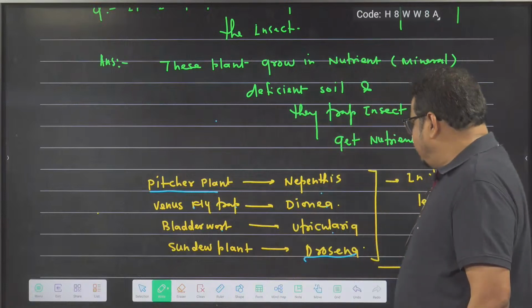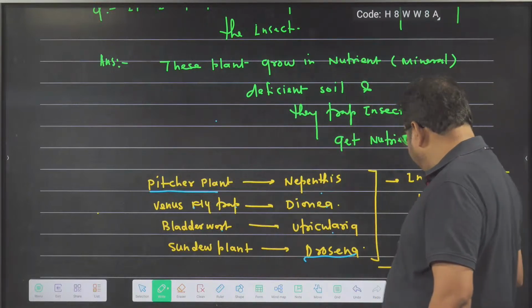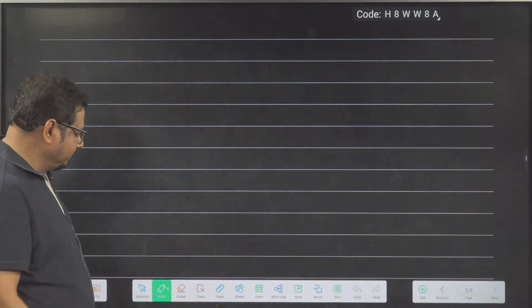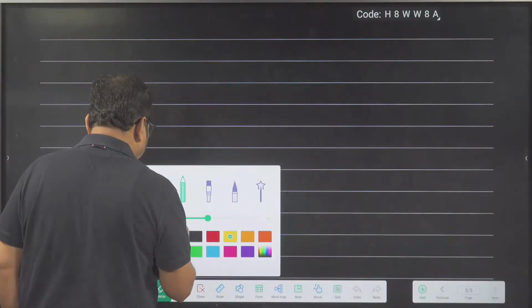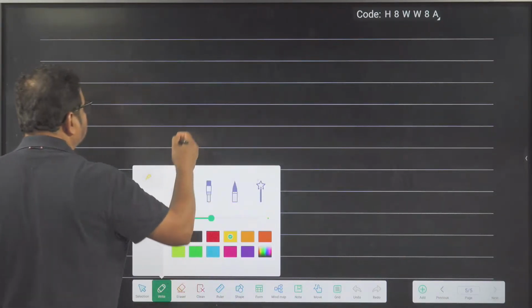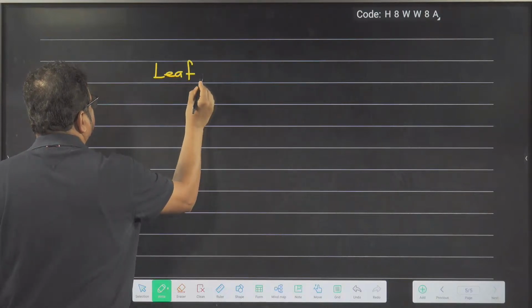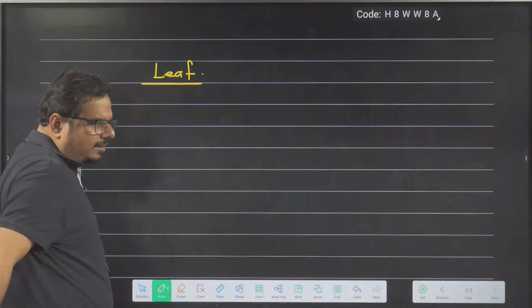So it is over. Now we are going to talk about leaves. First we are going to deal with leaves, then we'll talk about the modification of leaf. So let's start with the leaf.